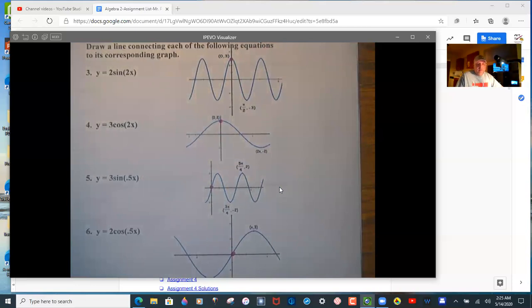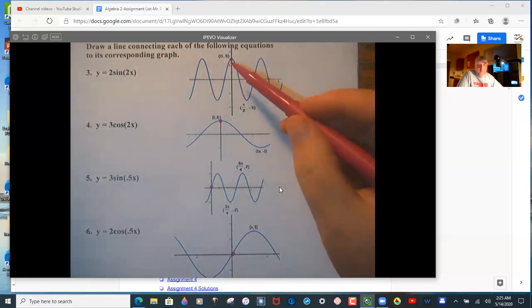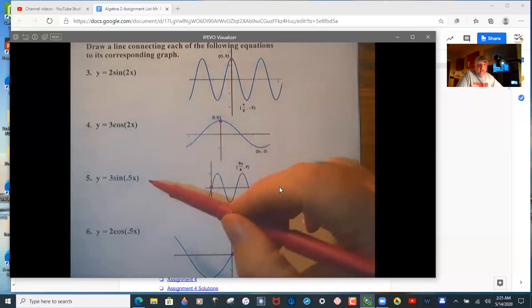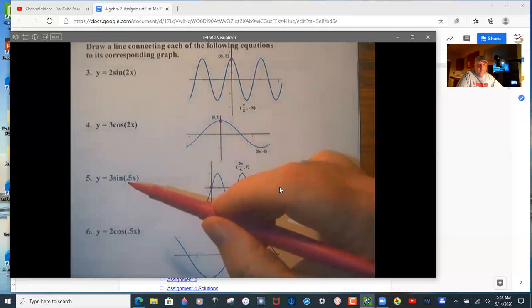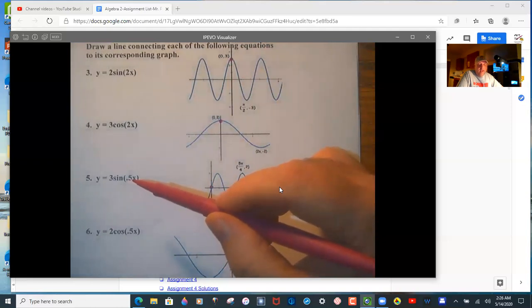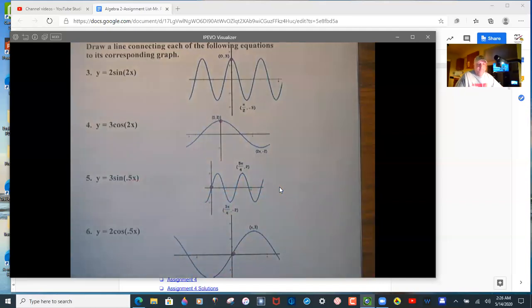And then take a look at your amplitude. So this here is going to be a cosine graph with an amplitude of 3, or a sine graph possibly with an amplitude of 3. But notice the 1/2 here. So 1/2 as a b value is going to stretch out the graph quite a bit.